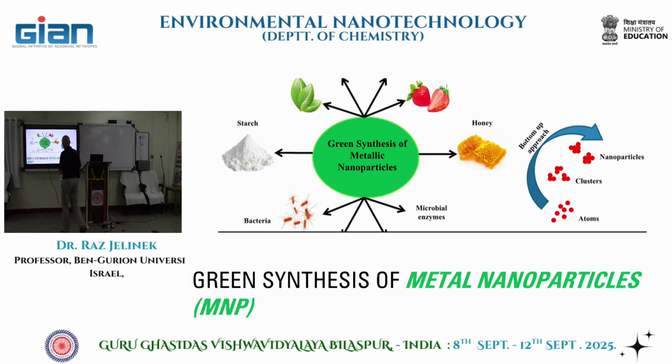Or you can take fruit and vegetables, and from fruit and vegetables you can make metal nanoparticles. But this is true. What I'm going to show you is one or two processes where people take these natural things and make metal nanoparticles. It's very interesting.